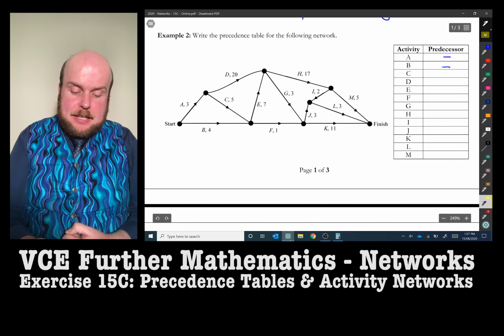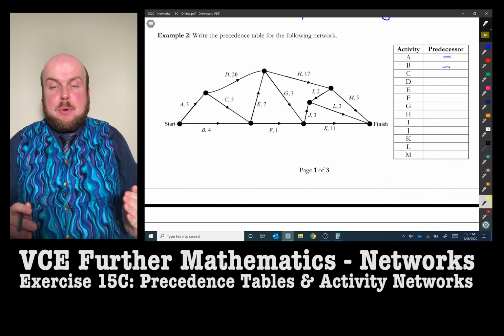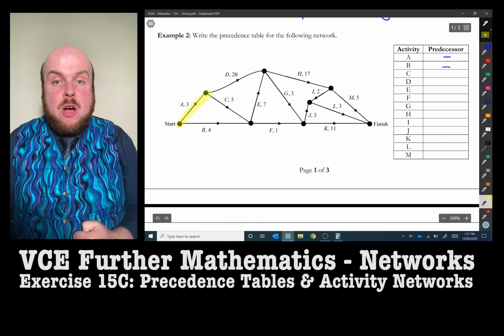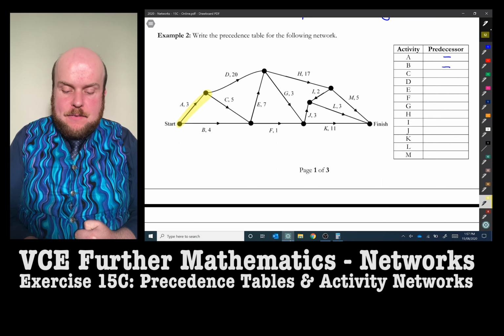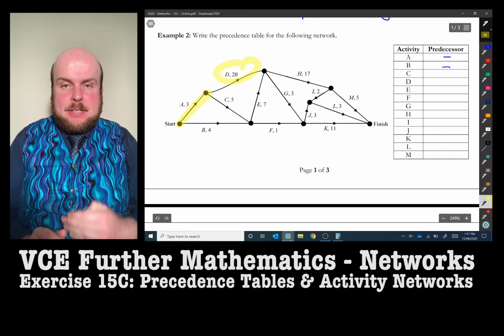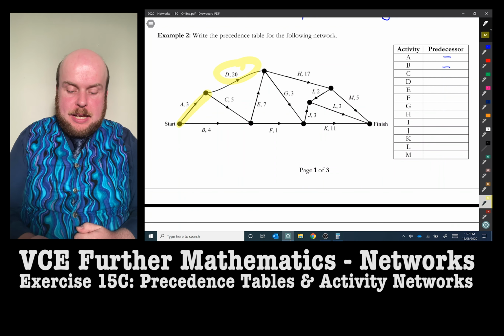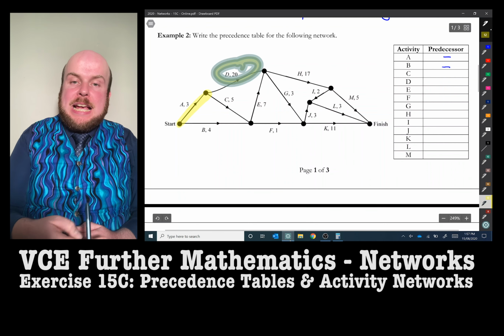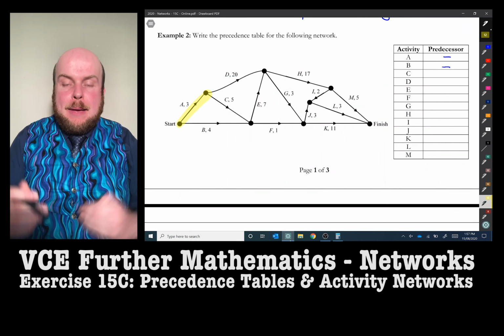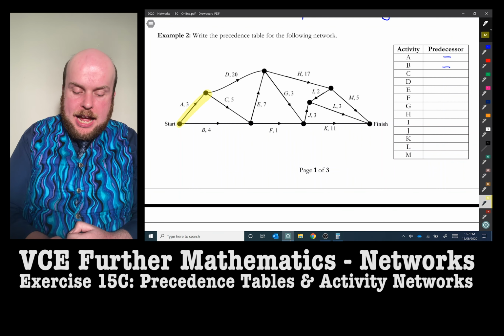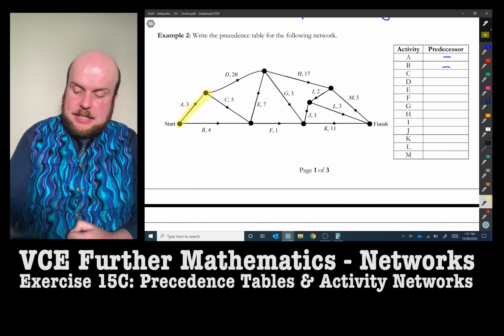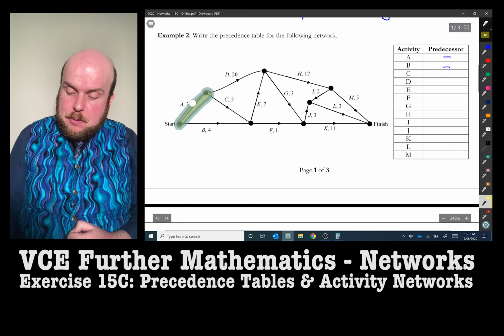So when I say predecessor, I mean the one that is pointing towards that activity. So some people get confused and say, well, why isn't D a predecessor? That looks like it's before C, but no, it's pointing away from C. We're looking at all of the edges that are pointing immediately into that one. So A is pointing into C. So therefore, that will be a predecessor.